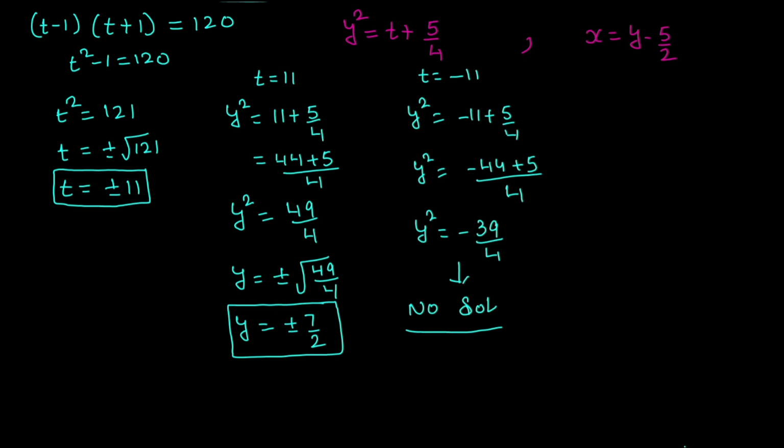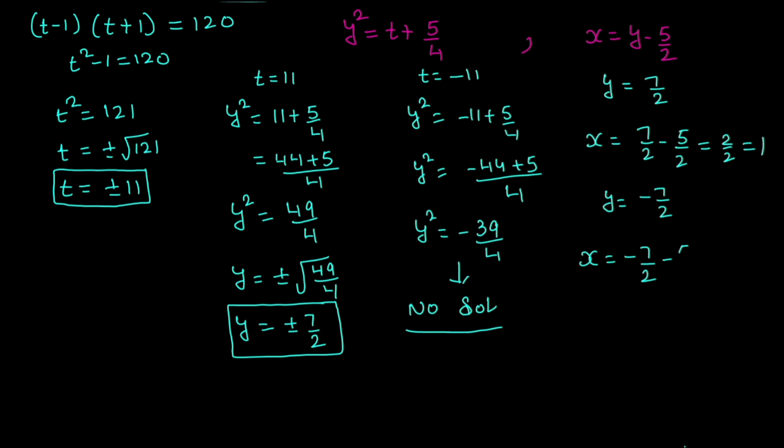So here we get the two values of y. Firstly we put y is equal to 7 by 2, and get the value of x. It comes to be 2 by 2, which is equal to 1, and now we put minus 7 by 2.